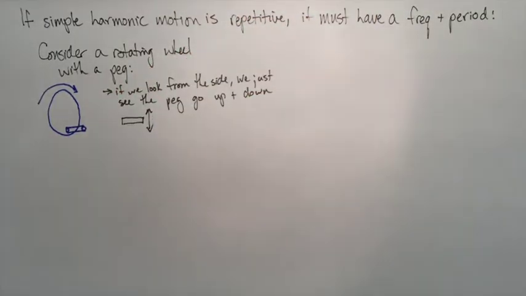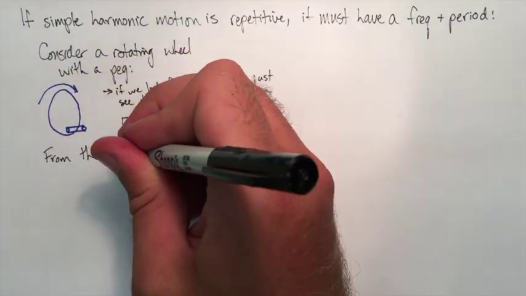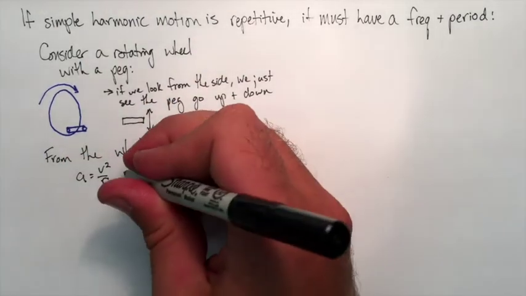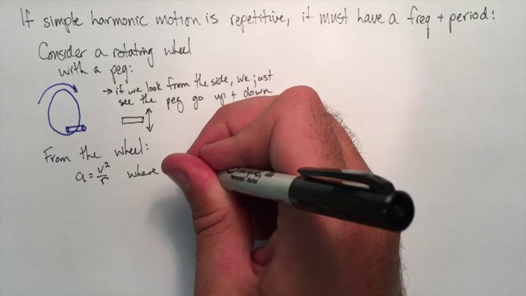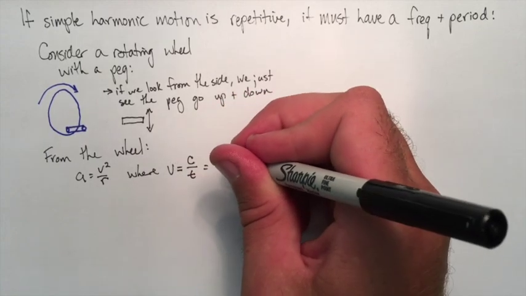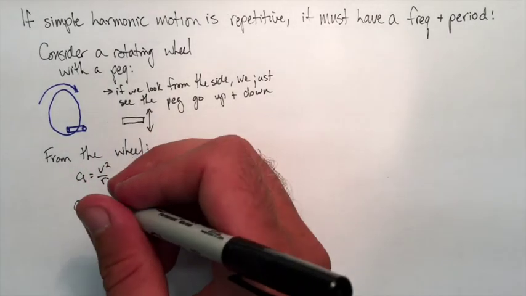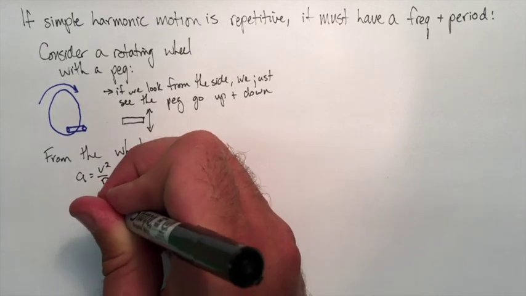Here, because that peg we know is going in a circle, we can use the circular motion equation where the acceleration will be v squared over r. The velocity of that peg will just be a distance over time, where the distance would be the circumference of the wheel. So it would be 2 pi r divided by the time taken to do one cycle, which essentially is the period.